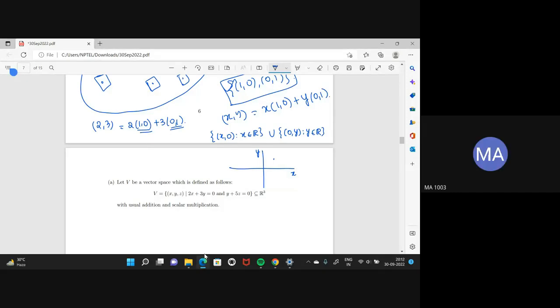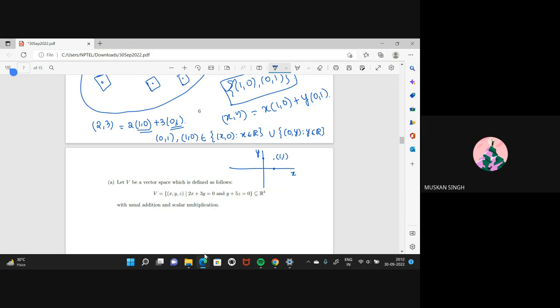So what? If I add 1, 0 and 0, 1, they are both in this union, right? If it is a subspace, their sum should also belong to this union, right?